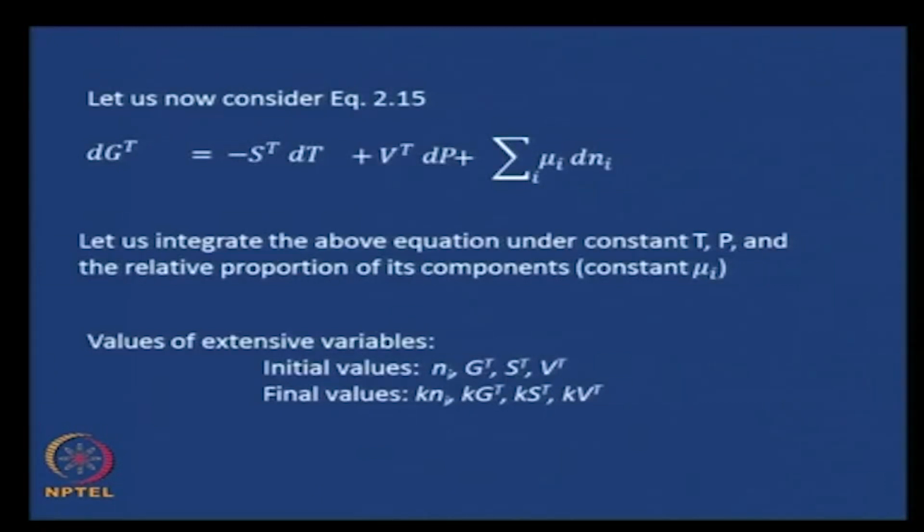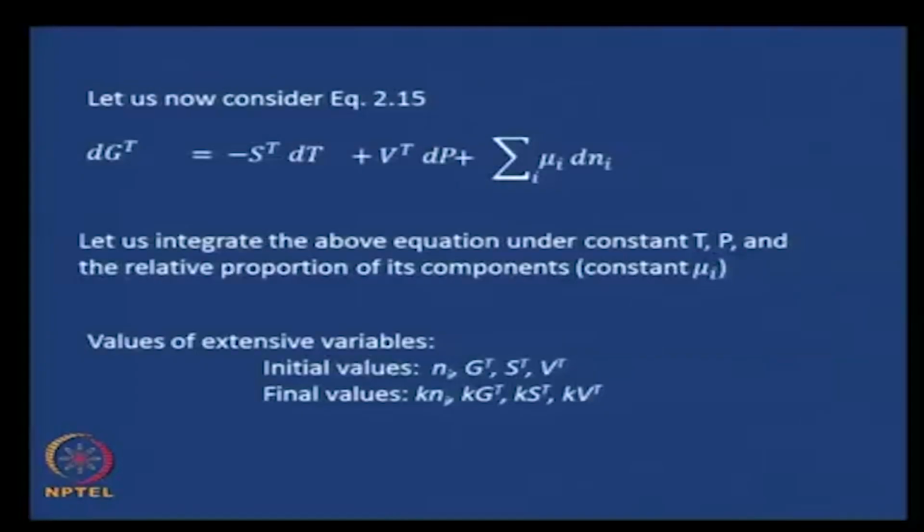The values have increased k-fold. It is quite easy to see, these are all extensive quantities. If you have k times the number of moles, the other variables are going to increase k times, and therefore it is quite valid to write this, and we are viewing the integration as increasing the size of the system.